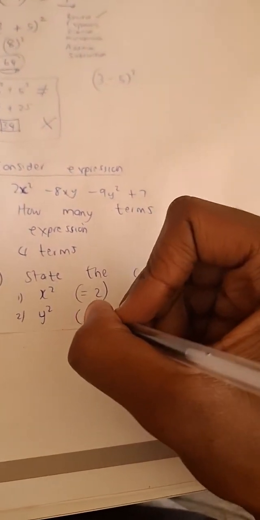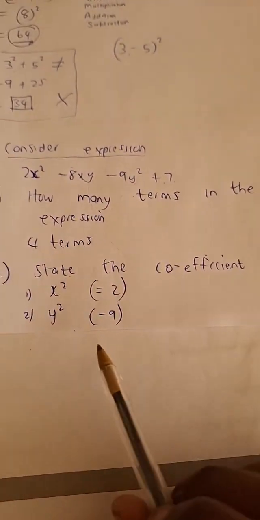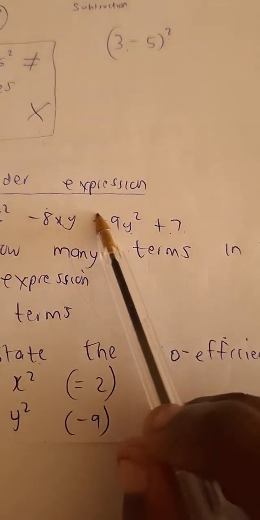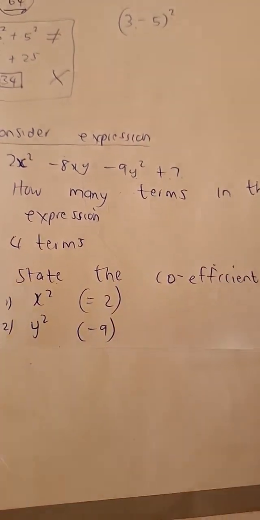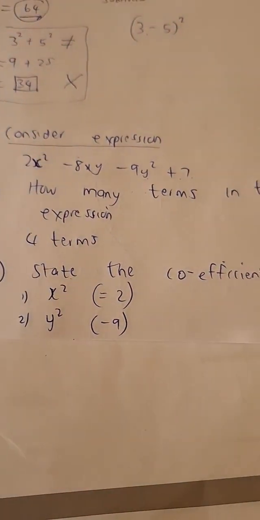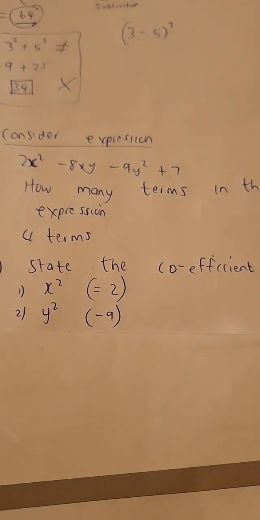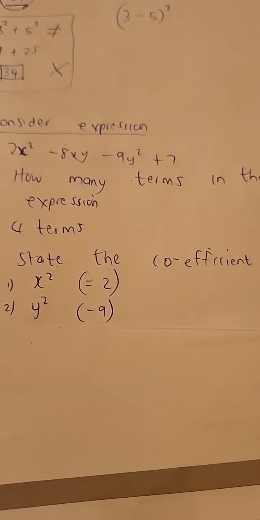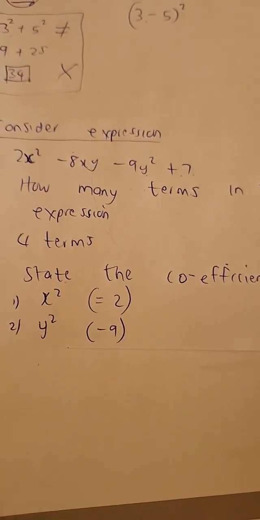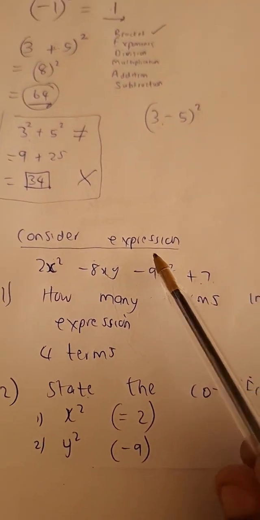Please, guys, let's not forget that whenever we write the coefficient, the sign must also tag along. We don't leave the sign behind. You must take the sign into the party as well. See, people are leaving the sign behind. They want to enjoy alone.